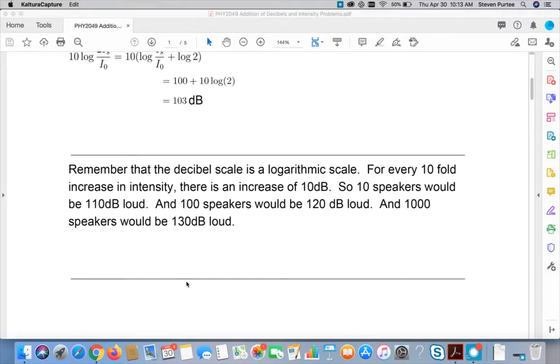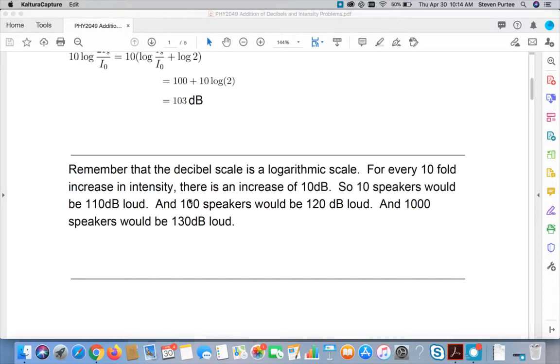Remember, the decibel scale is a logarithmic scale. For every 10-fold increase in intensity, if you had 10 speakers, you would go up by only 10 decibels. So one speaker was 100, 10 would be 110 decibels.